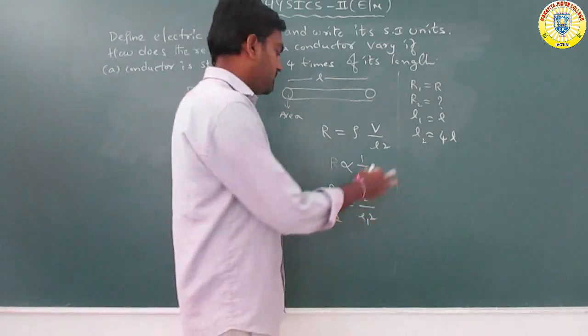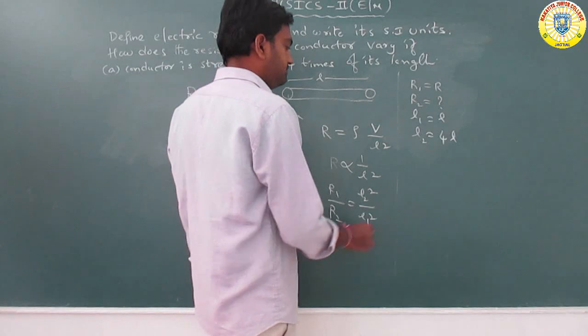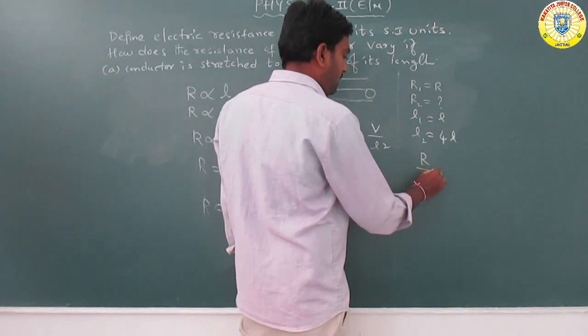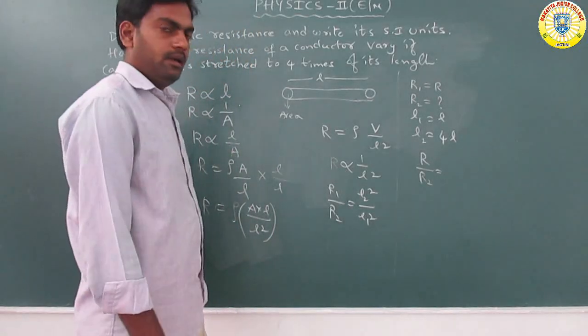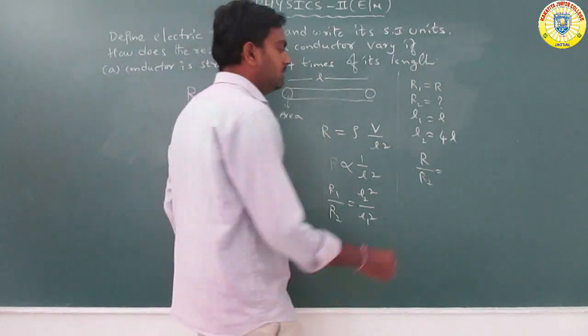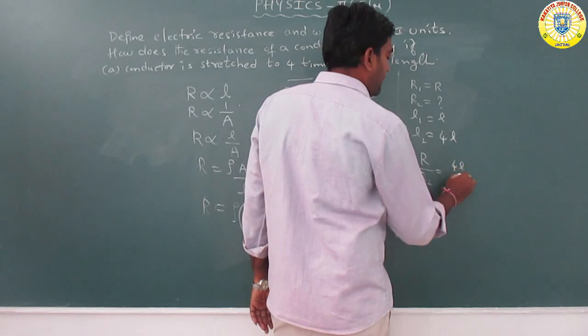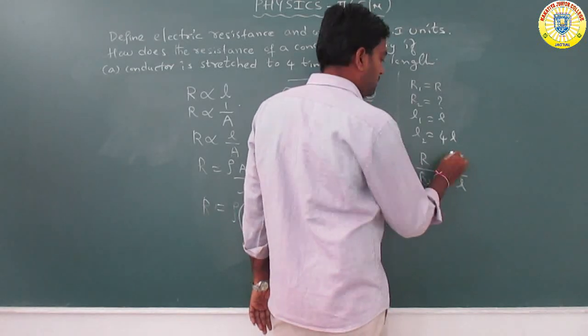Okay, got it. Now substituting in the formula, R by R2 is equal to L2 square by L1 square. L2 means 4L, by the original length L, whole square.